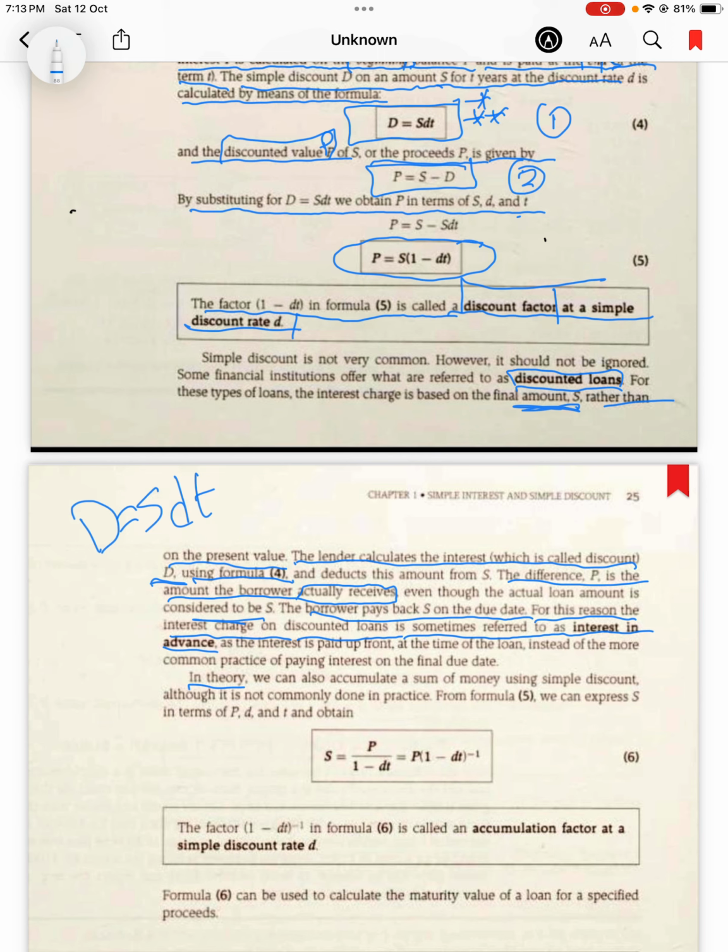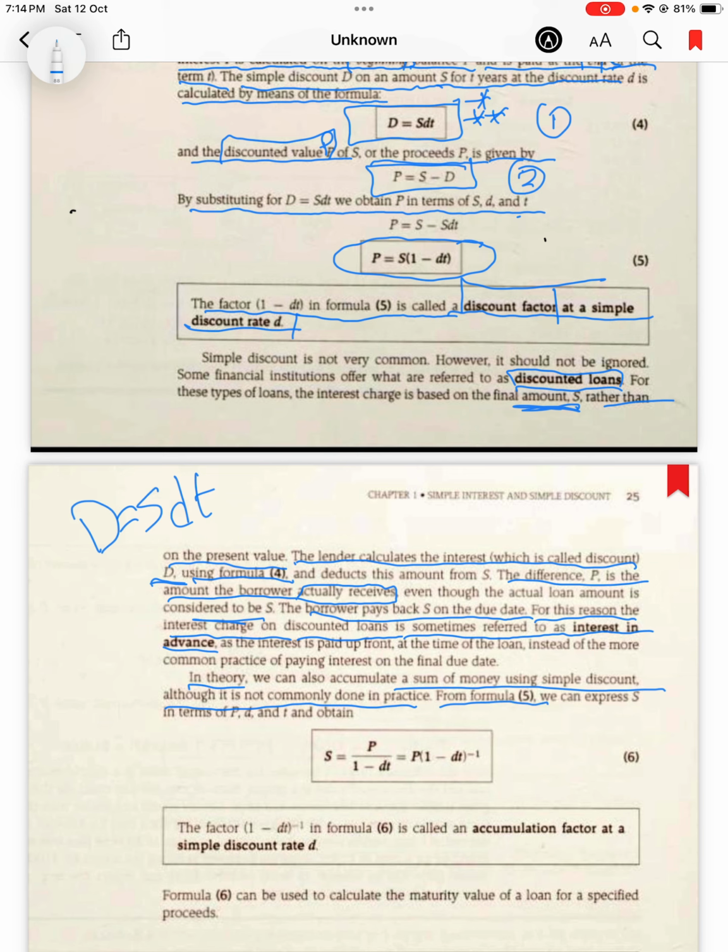we can also accumulate a sum of money using simple discount, though it is not commonly done in practice.